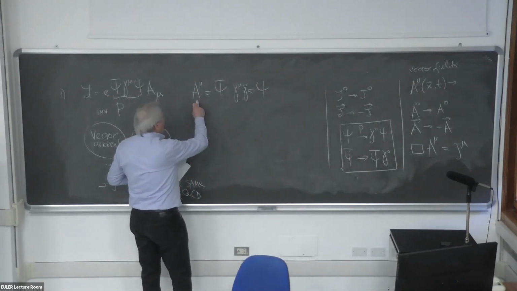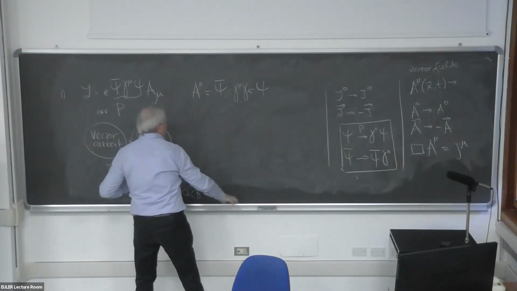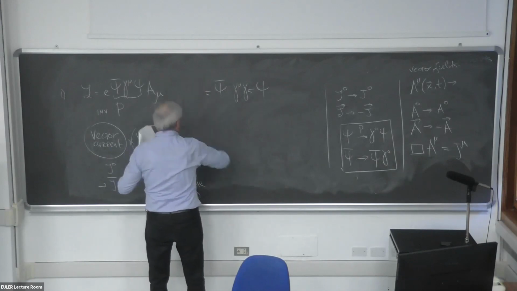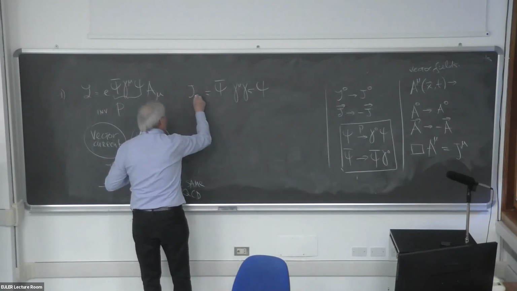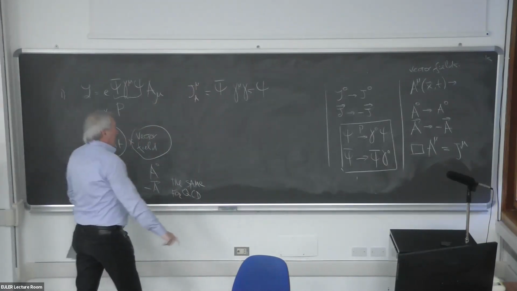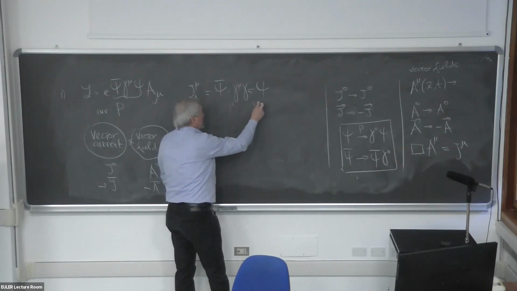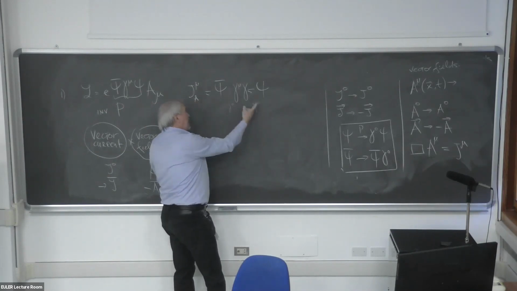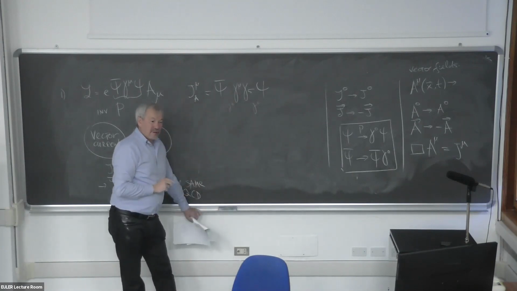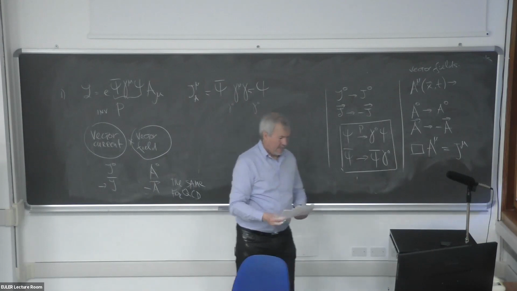Sorry, I use the same notation, I don't know how to do it better, because we are using similar stuff. Let me write this as J axial vector current mu, denoting that this is the axial vector current. And due to the presence of gamma 5, we have the opposite law of transformation, because if you put here gamma 0, which appears when you do P transformation, then we need to make one more transformation. Now gamma 5 anticommutes with gamma 0, and they produce an additional minus sign. Okay.